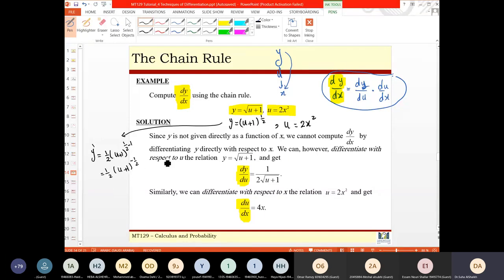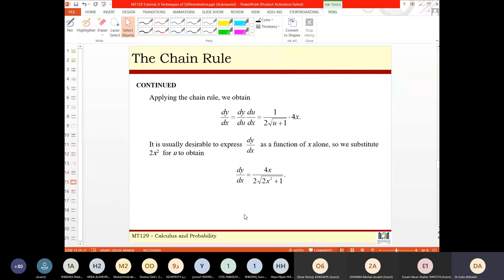Minus half معناها it goes down as a root, so it's 1 على 2 for root of u plus 1. طيب, what's the derivative of u? It is 4x. Multiply this with this. This will give us the answer اللي هو dy by dx.